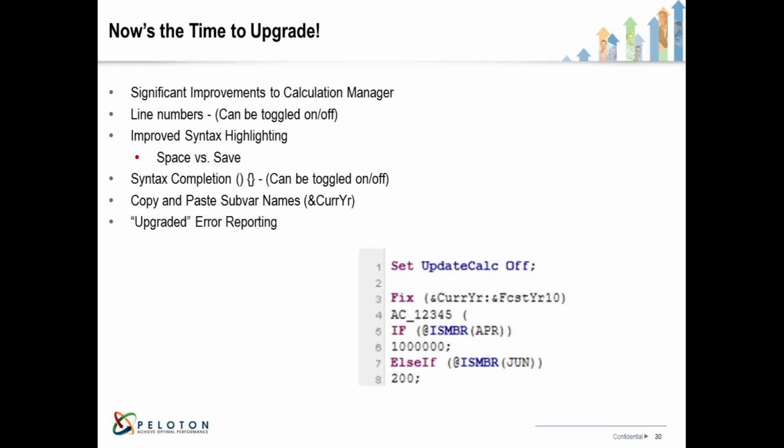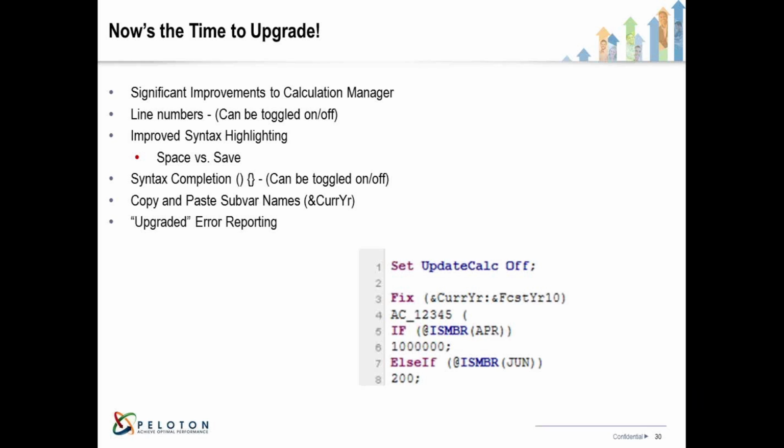There's also improved syntax highlighting. So if you're typing something in there like a fixed statement as we have down here, or the is MBR. In the older versions, whenever you type something in, in order to see the syntax highlight in blue, or if it's a comment green, or any other color, you need to save the rule, and then it'll show you the color coding on everything.